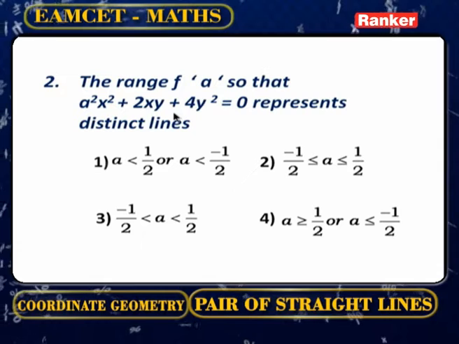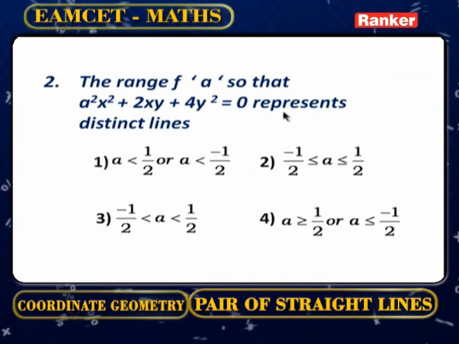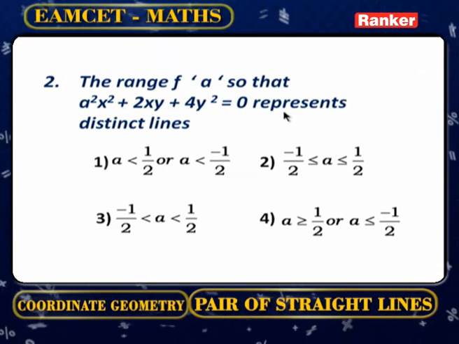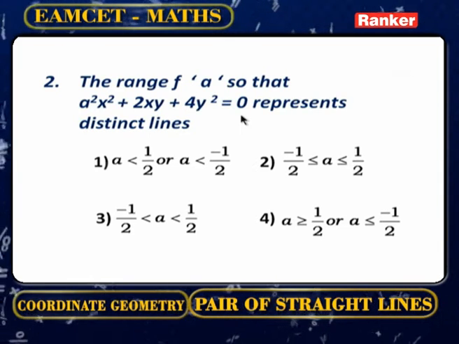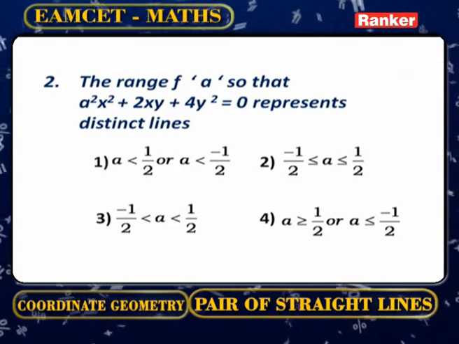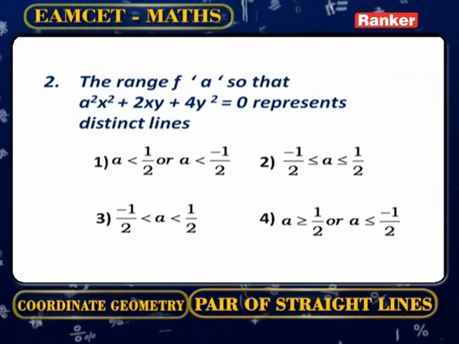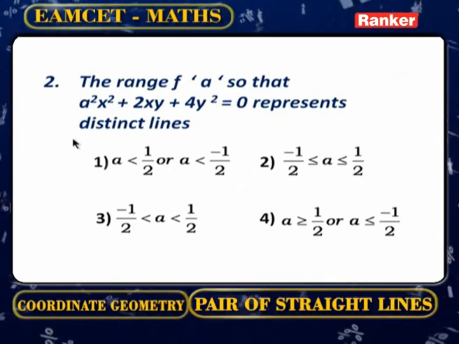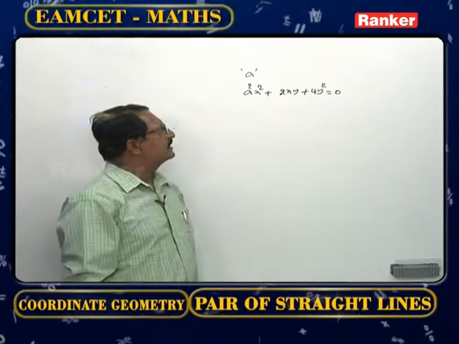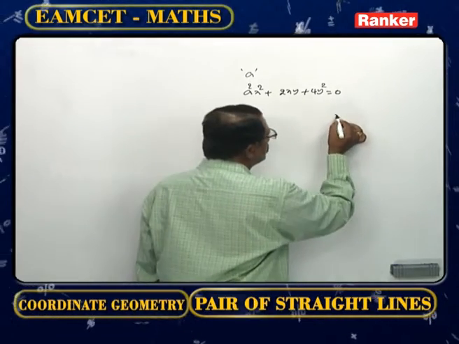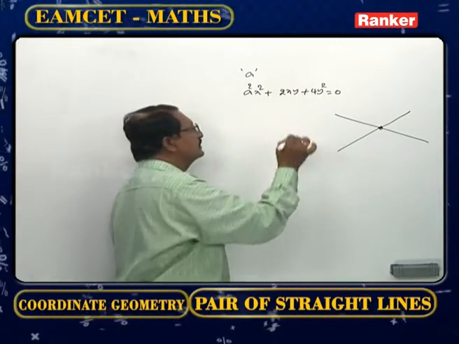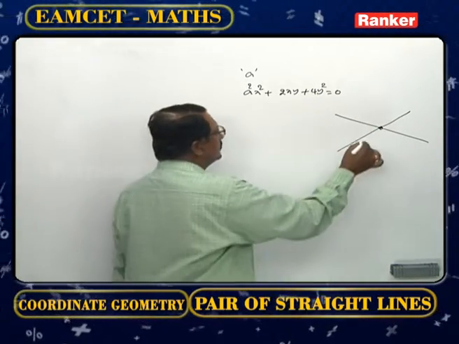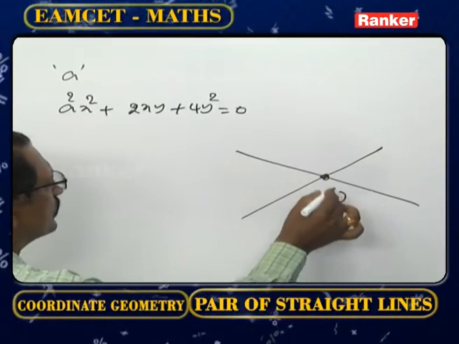Find the range of a so that a square x square plus 2xy plus 4y square equals 0 represents distinct lines. Distinct means two separate lines, and the second degree homogeneous equation passes through the origin.